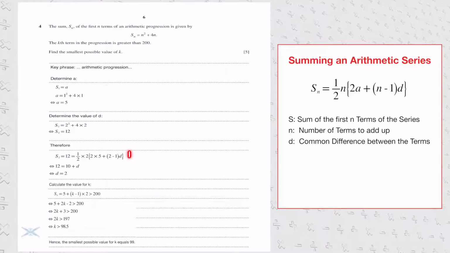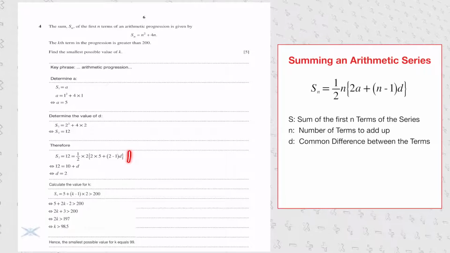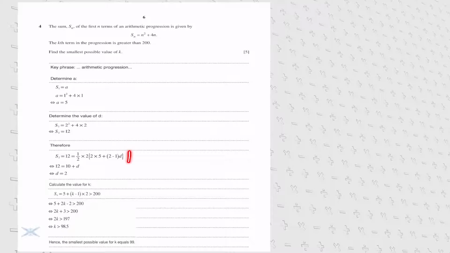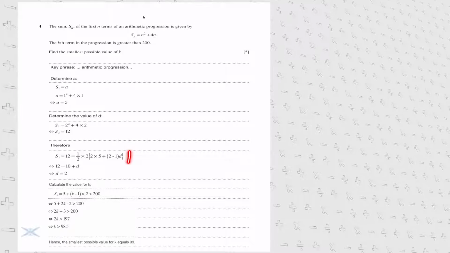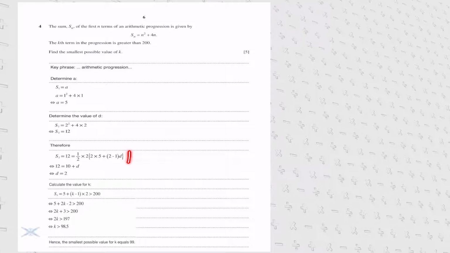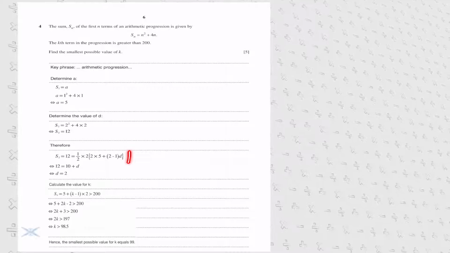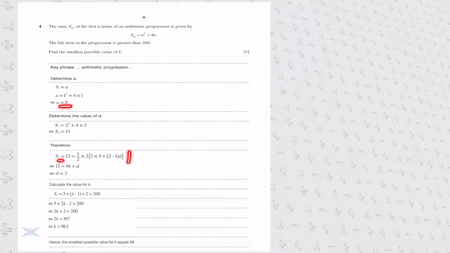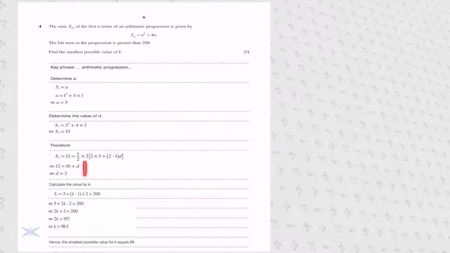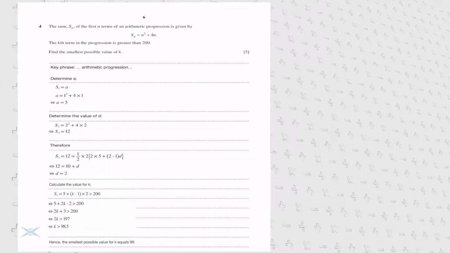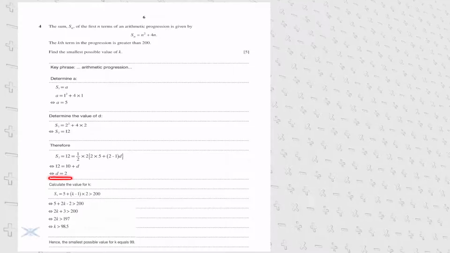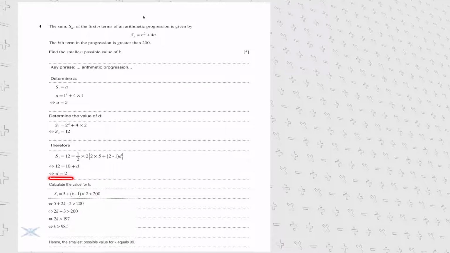So in this step here, we simply place the values for the variables n, a and d in the formula. In the first stage, we will replace the variables n and a within the formula with their respective values 2 and 5, and after simplifying the equation, we will arrive at the conclusion that the common difference between the terms of this arithmetic progression equals 2.